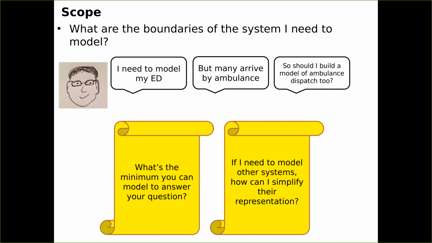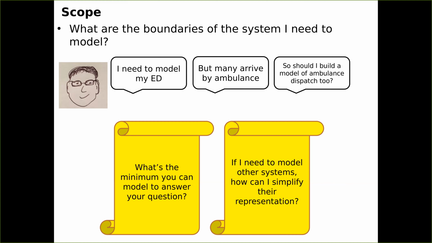And usually these two little questions are pretty good rules of thumb for designing models. First one, what's the minimum you can model to answer your question? You want to create the simplest model you can in order that you can sufficiently answer your question. And we'll come on to complexity and simplicity a little later.